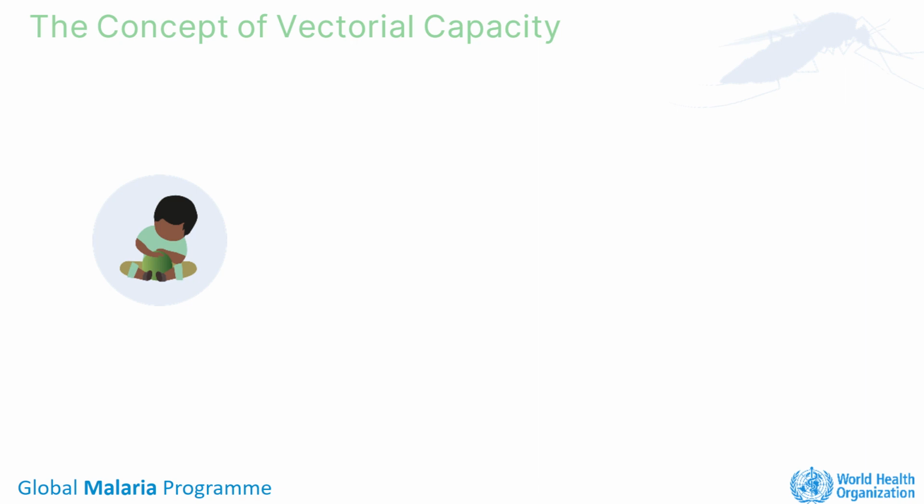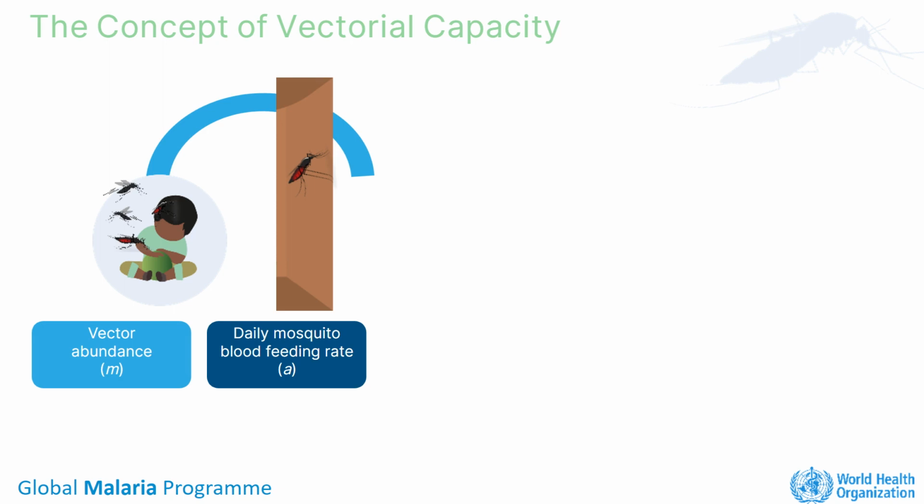Let's talk through the factors that affect how many secondary infections are generated from a primary infection. In this slide, the small boy is infected with malaria and is carrying gametocytes, the sexual stage of the parasite. In any given day, he will be bitten by some number of Anopheles mosquitoes.